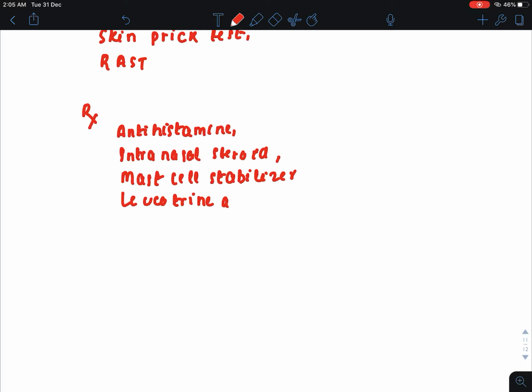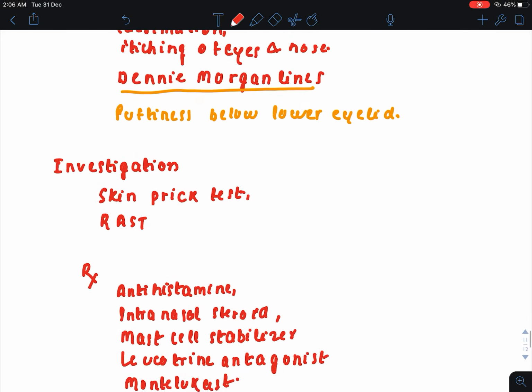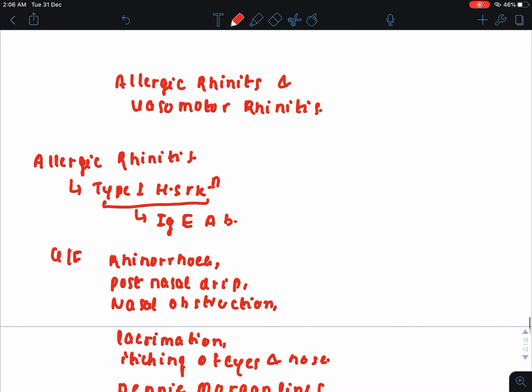There are a few drugs which are given in bronchial asthma too, such as Montelukast. Now we have completed allergic rhinitis.